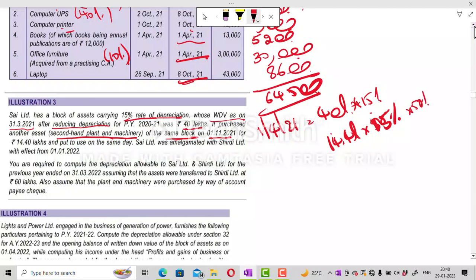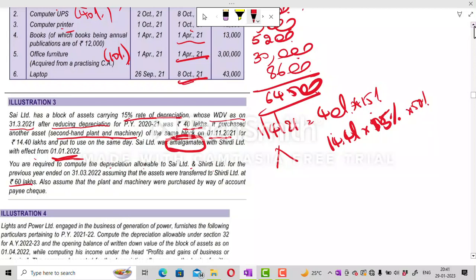Sai Limited was amalgamated with Shirdi Limited with effect from 1/1/22. Okay, we need to bifurcate the depreciation among both. You are required to compute the depreciation allowable to Sai Limited and Shirdi Limited for the previous year ending 31/3/22, assuming that assets are transferred to Shirdi Limited at 60 lakhs.